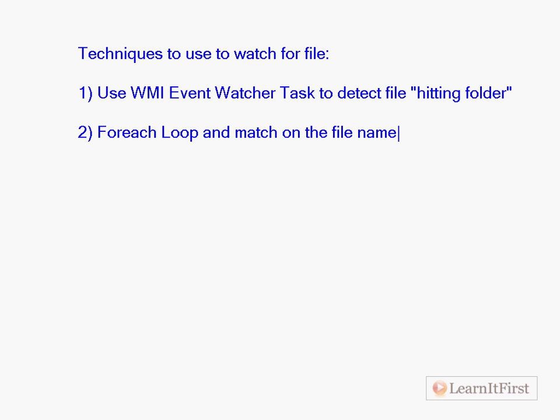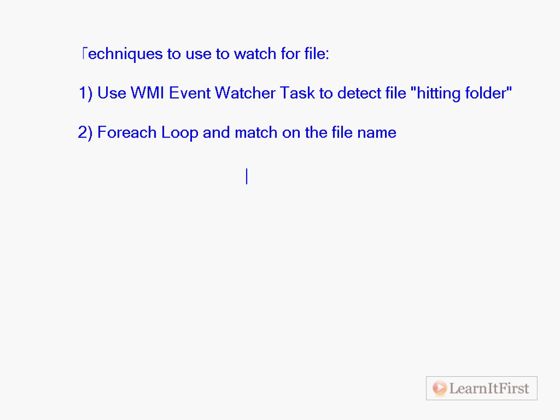Let's say that we kicked off a package and we gave it a specific file name to look for, and the for each loop came back with no files. Well, then we know the file's not there. If the for each loop has one file in the iteration, the file is there. If the for each loop does not have a file in the iteration, then there's nothing there, and so we would know that the file's not there.